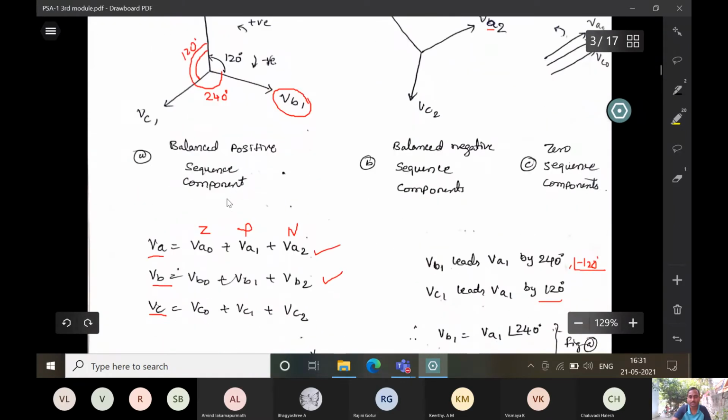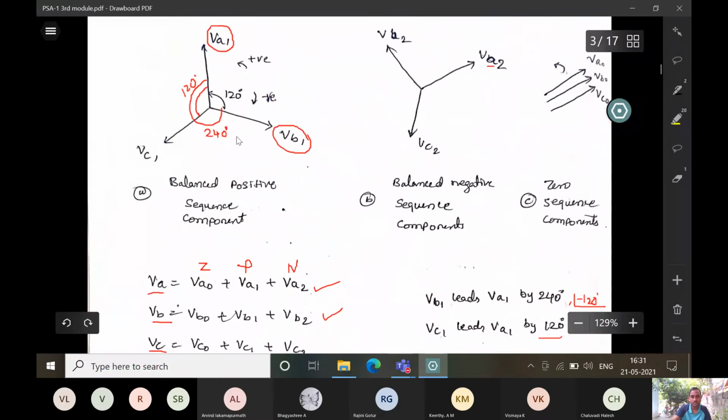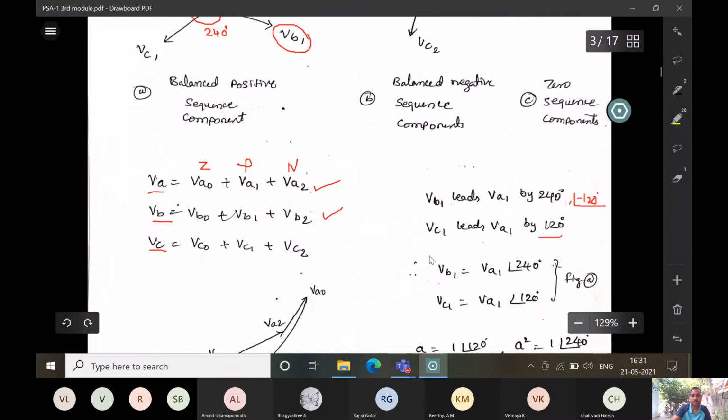Is it clear? Similarly, we can write VB1 is equal to VA1 at an angle of 240 degree, and VC1 is written as VA1 at an angle of 120 degree, from figure A.